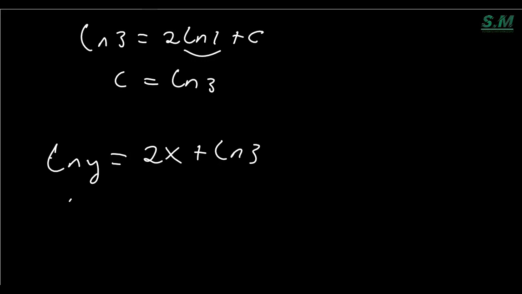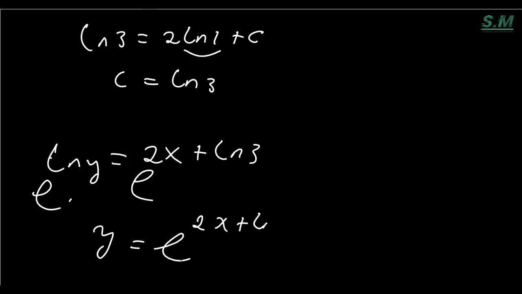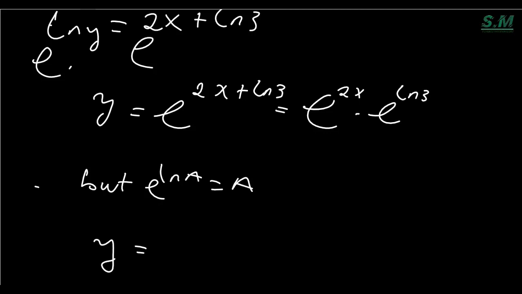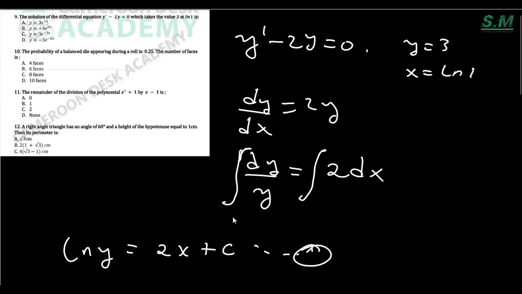So making y the subject, I will take the Napier's number on both sides. So y will be equal to e raised to the power 2x plus ln 3. This is the same as e raised to the power 2x times e raised to the power natural logarithm of 3. But we know that e to the natural logarithm of a is equal to a. So y will be equal to 3 times e raised to the power 2x. So the correct option is A.